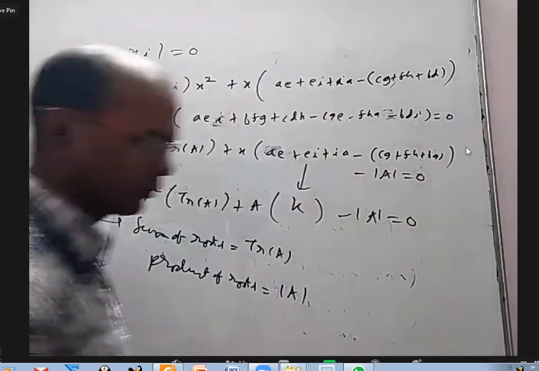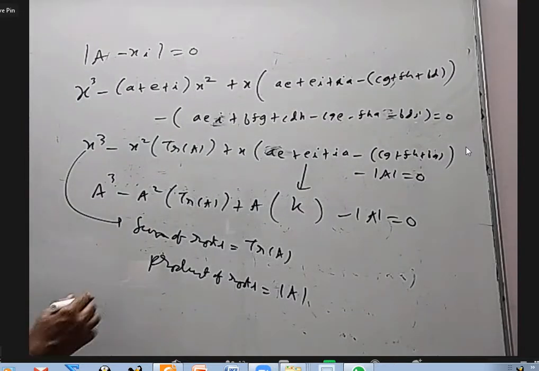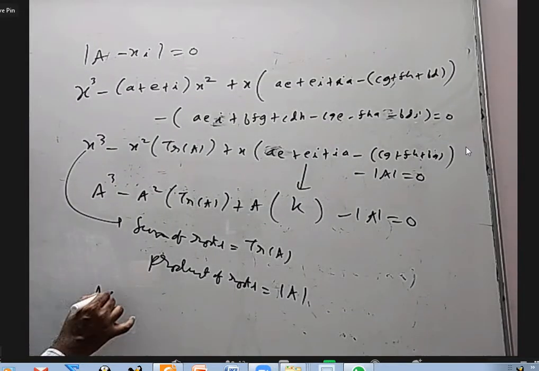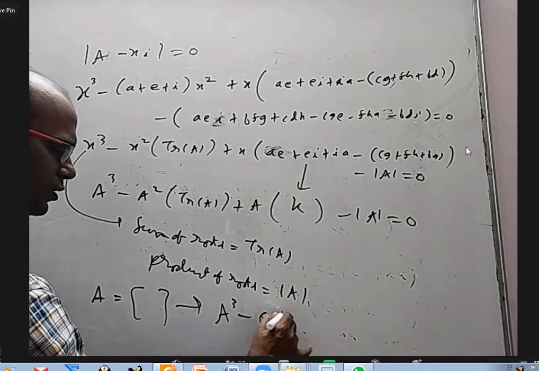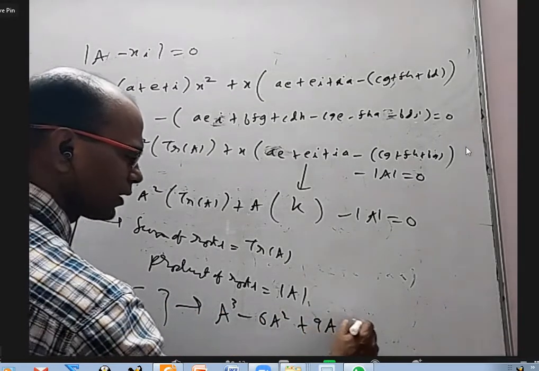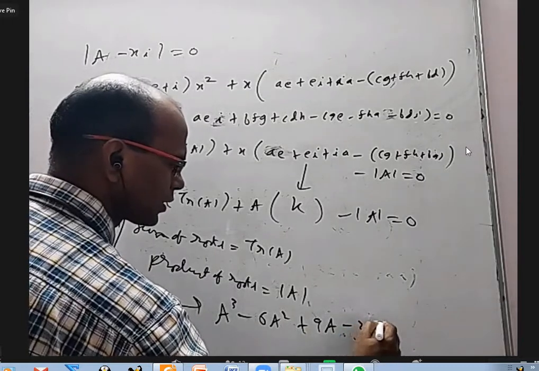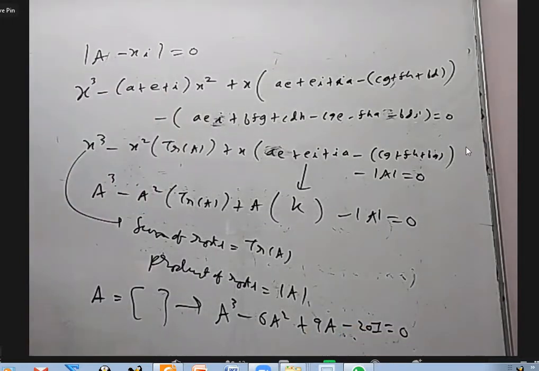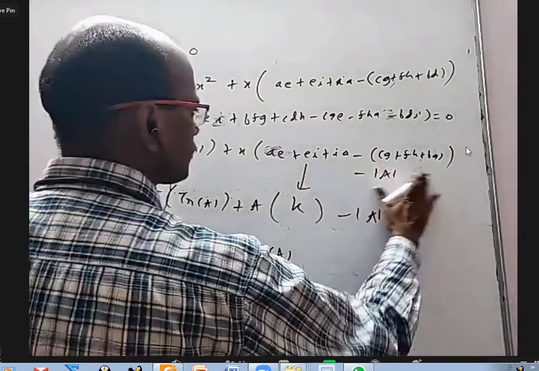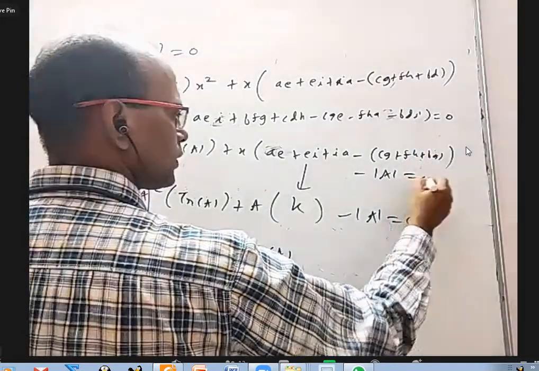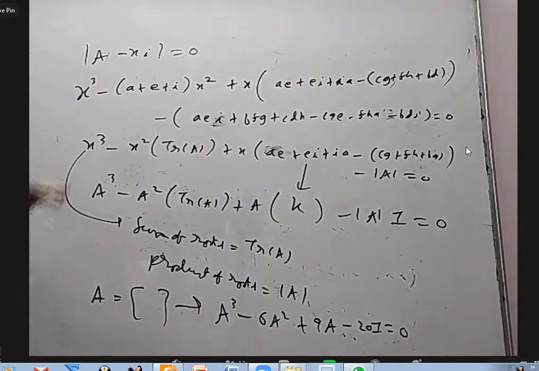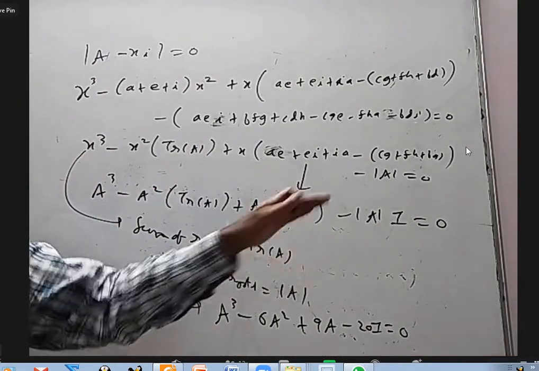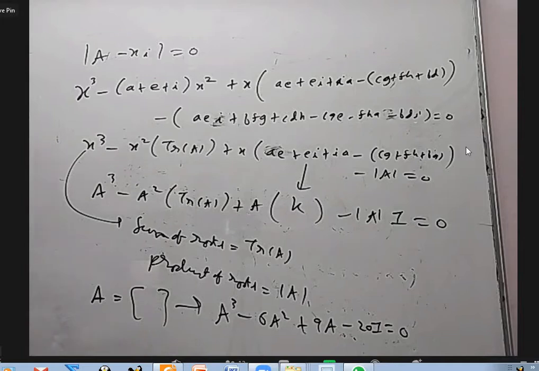Sometimes you may find some questions. Let us say for some matrix A, there is a particular equation, A cube minus 6A square plus 9A minus 20I is equal to 0. You should take the constant into I, because when you substitute a matrix in a polynomial, the constant is multiplied by the identity.